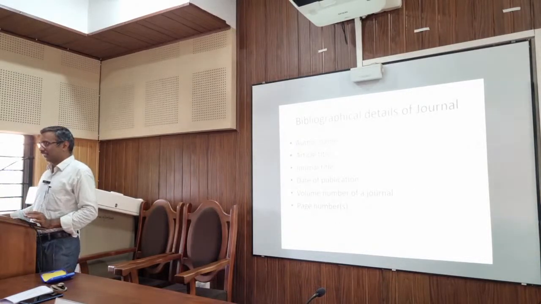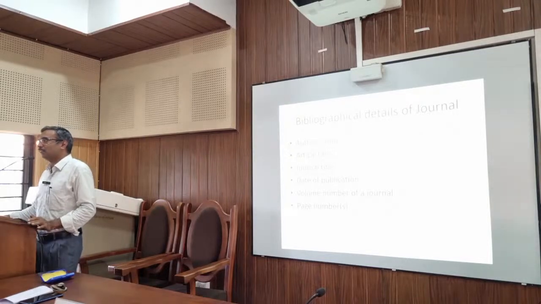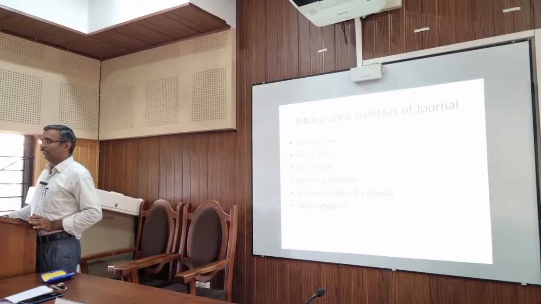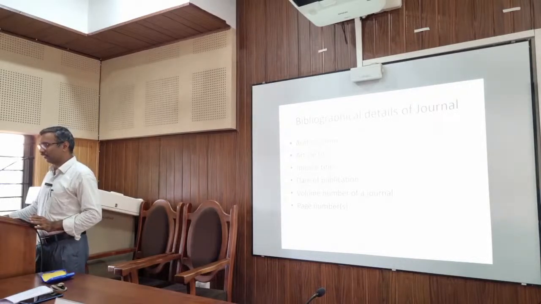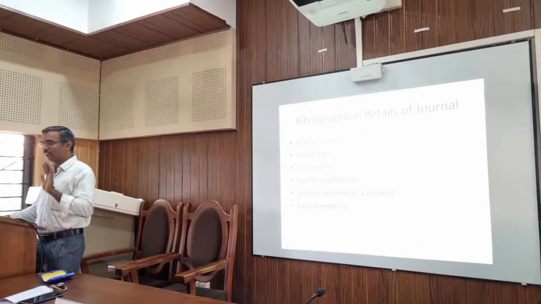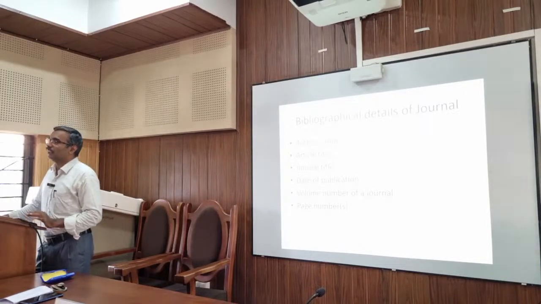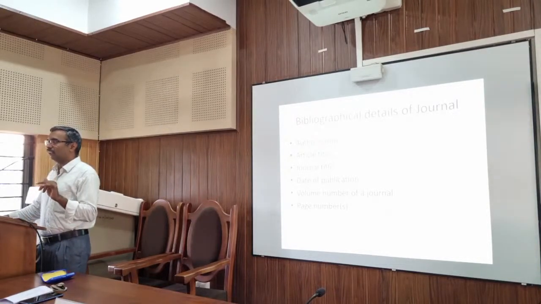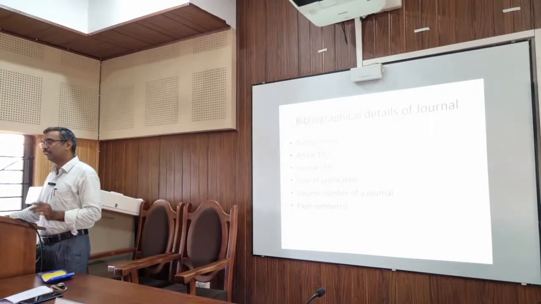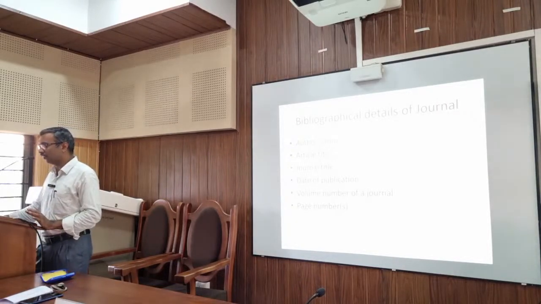It's a very important thing: if you are writing a reference, what details should be given in a reference? Author name, then article title, then journal title, which journal published that article.